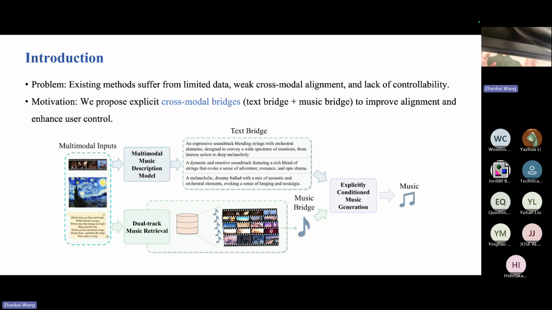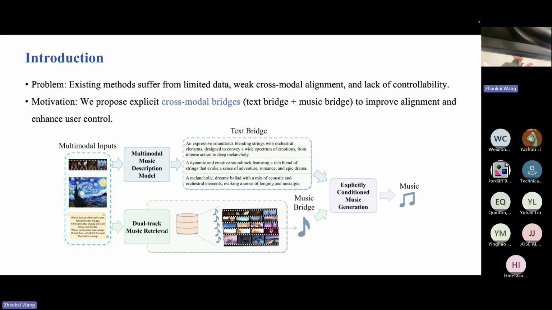And there's also the music bridge. This is based on the intuition that if a musician tries to compose music for a video, he may think of some other suitable music for this video, and he may try to compose based on this existing music.